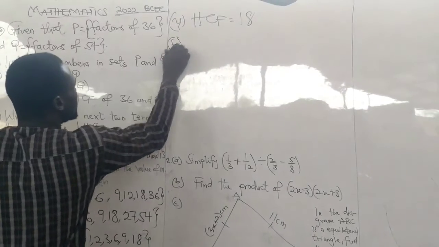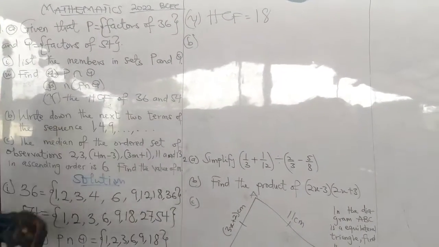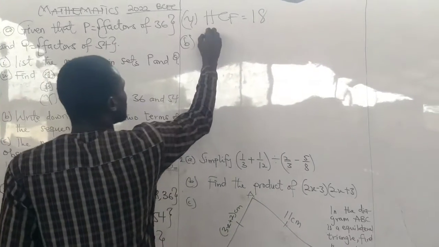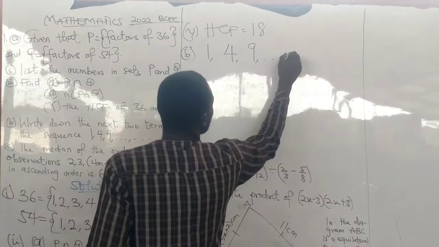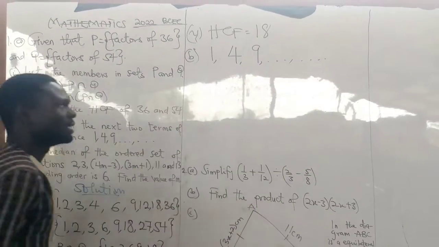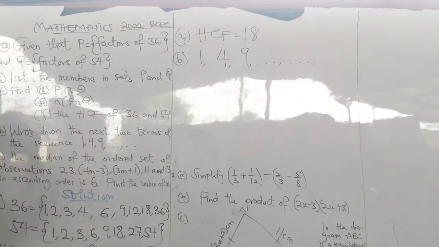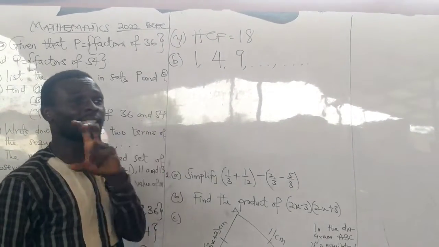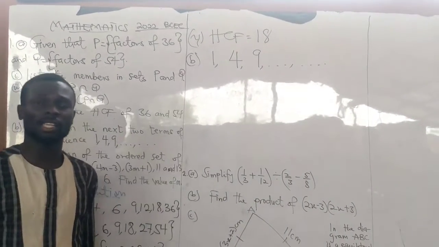And let's move to the B. The B says, write down the next 2 terms of the sequence. You have the sequence 1, 4, 9, and missing numbers. You have to write the next 2 terms. Now, anytime you have to write the next 2 terms of any sequence, you should know the pattern the sequence is following.